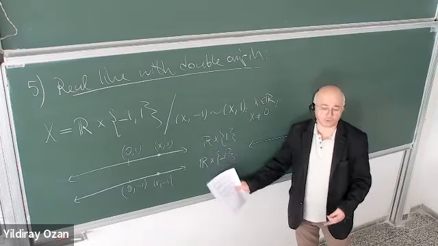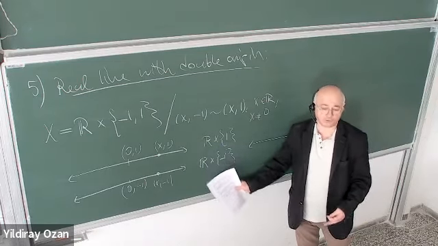Therefore, this picture is not realistic, right? I am drawing this in R2, but the picture is something like this. So you have the real line, and you have two origins. That's why this is called the real line with double origin.